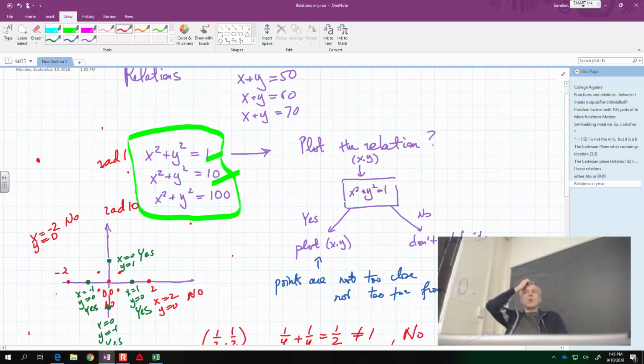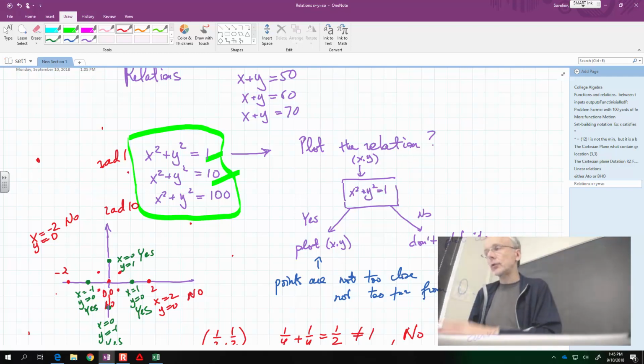The square root of 1 is 1, so the radius is 1. But to get a circle of radius 10, you have to have 100. So all these circles are concentric circles. They will fill the whole plane. Remember how those lines filled the plane when we spoke of the linear relations. So these are kind of quadratic relations, and these concentric circles will also fill the whole plane. Okay, so that's the problem with relations.